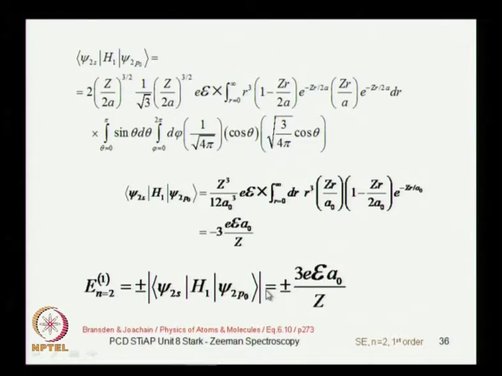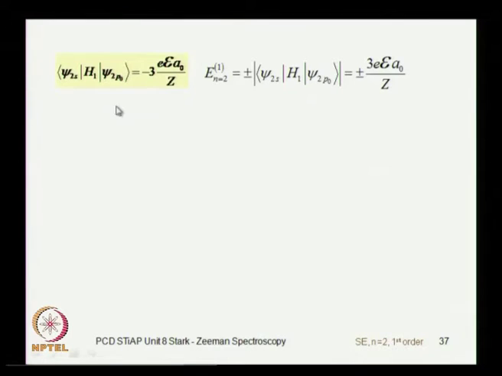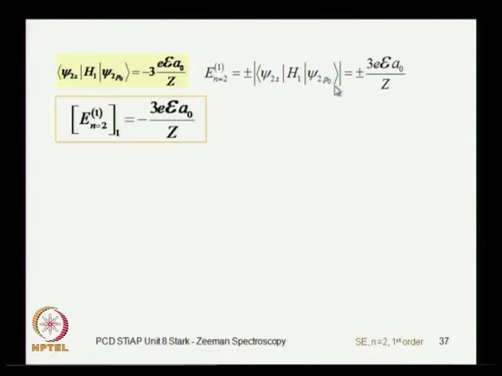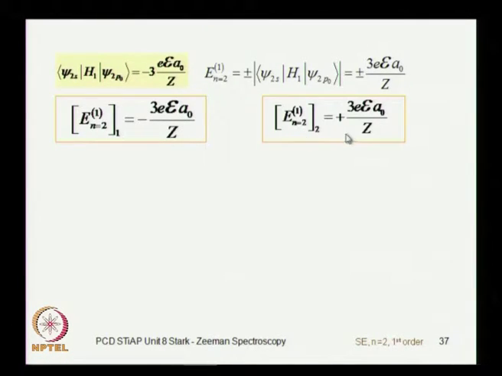So, those are the 2 alternative perturbation corrections. The 2 roots are minus 3 times E script E A0 by Z, and the other one is the same magnitude but with a plus sign. So, these are the 2 roots that you get.